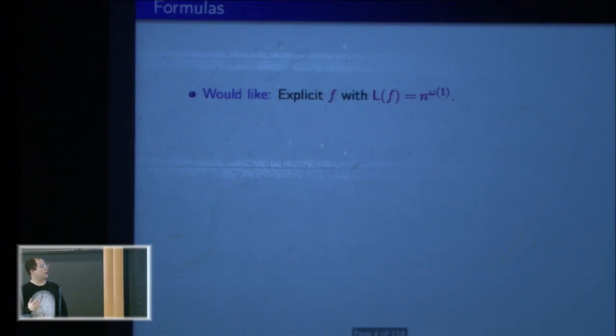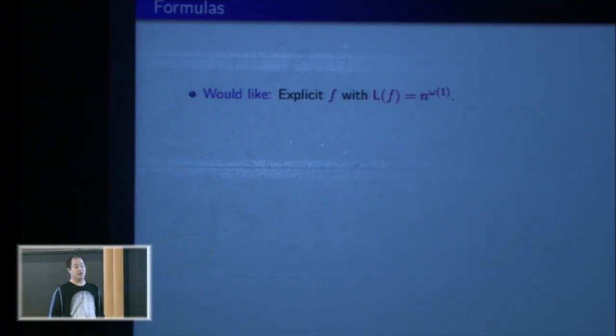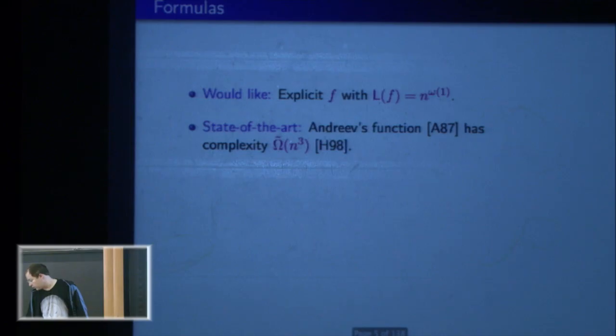Okay, so as usual, we hope to prove super-polynomial lower bounds on formula complexity, ideally even exponential lower bounds. But unfortunately, the best we can do is only n cubed for an explicit function. As usual, in complexity theory, this is ridiculous.